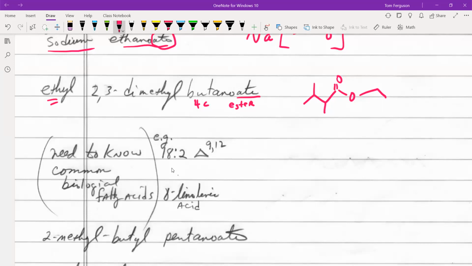So this is linoleic acid, a very common acid. It's one of the ones I want you to know. It mainly comes from corn. So when you buy corn oil, you're getting a triglyceride with mostly linoleic acid as the 3 fatty acids on it. So 18 carbons long, 2 double bonds at position 9 and 12.